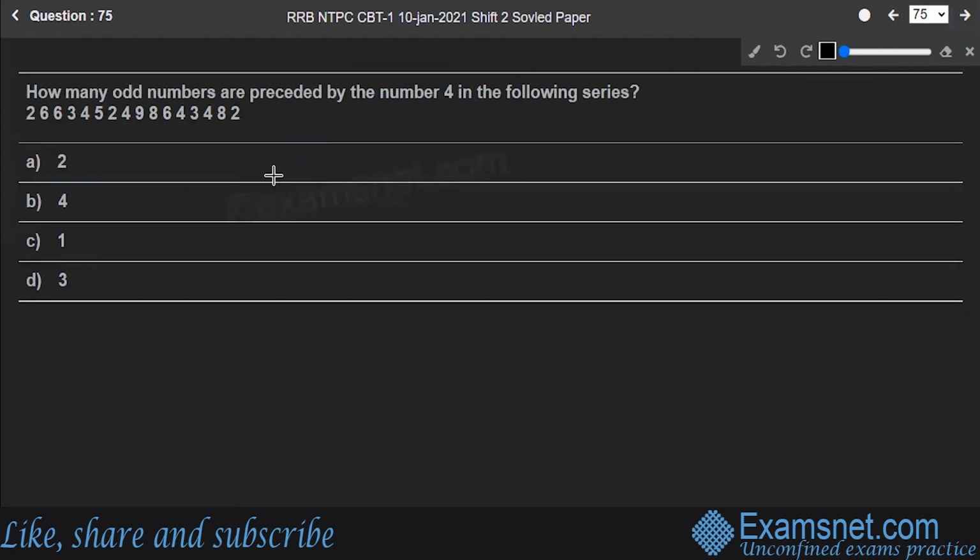How many odd numbers are preceded by the number 4 in the following series? Let's see the series. Let's write it down: 2, 6, 6, 3, 4, 5, 2, 4, 9, 8, 6, 4, 3, 4, 8, 2.